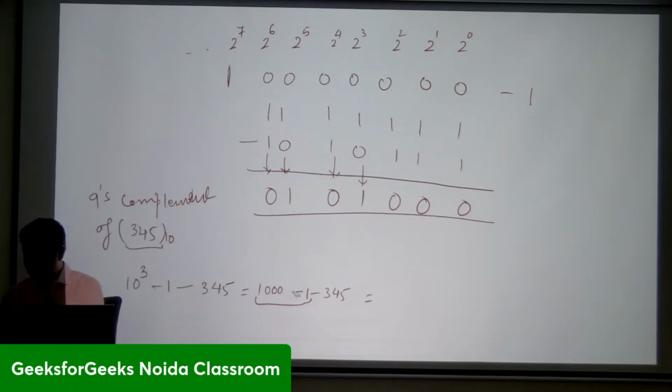So 1000 minus 1 is going to be 999, minus 345, which is 654.